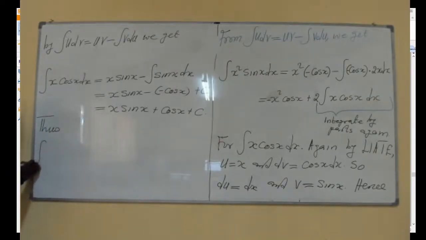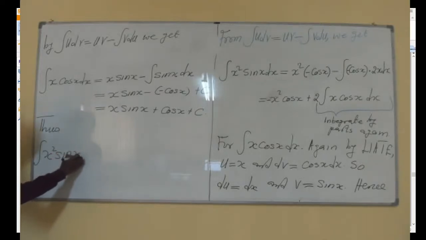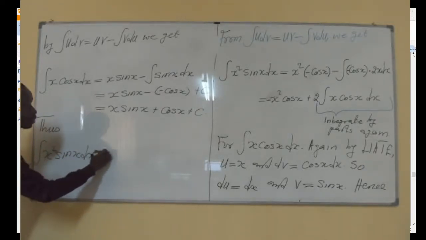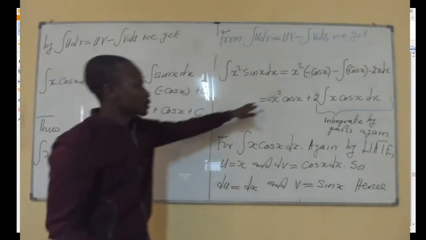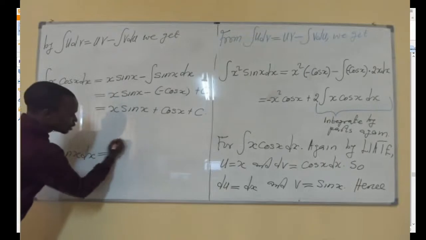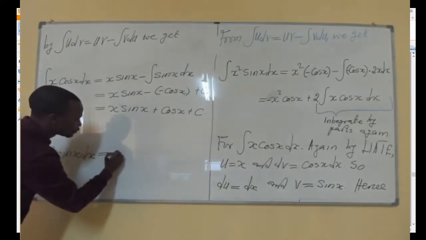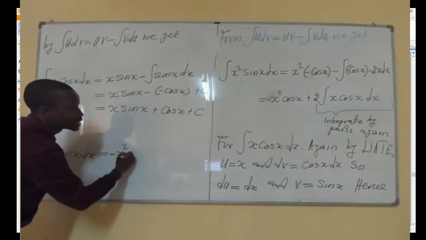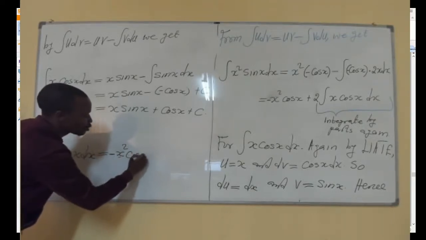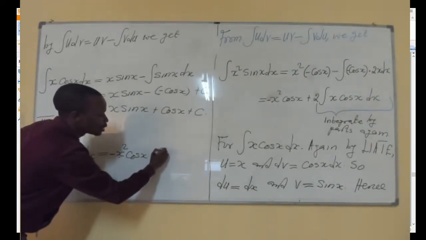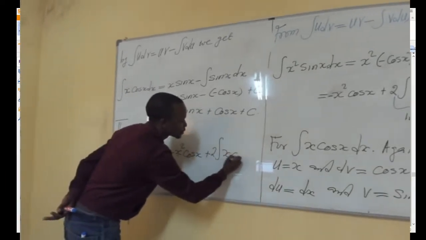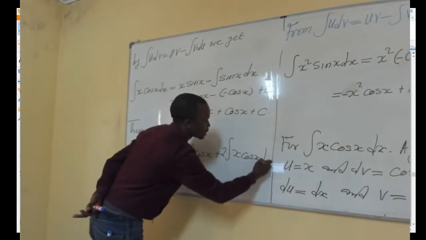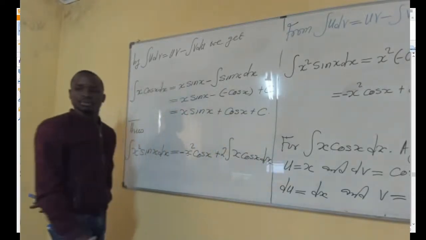The integral of x squared times sine of x dx was equal to the negative of x squared times the cosine of x plus 2 times the integral of x times the cosine of x dx, isn't it?